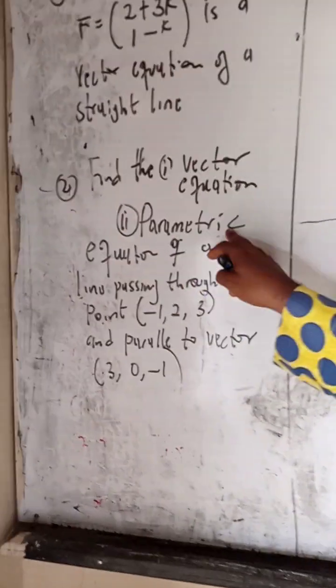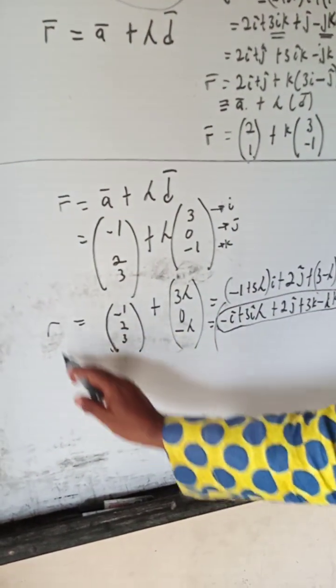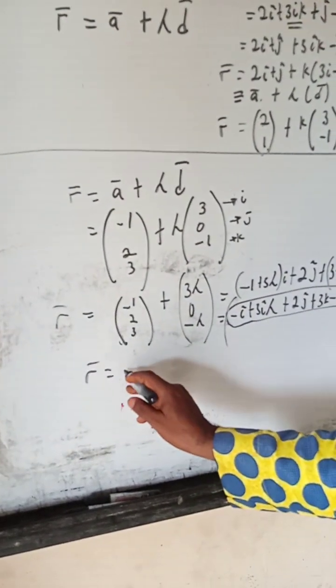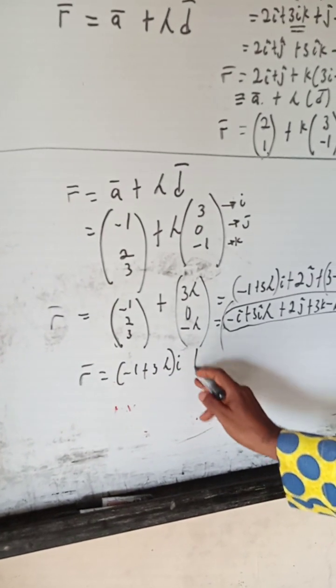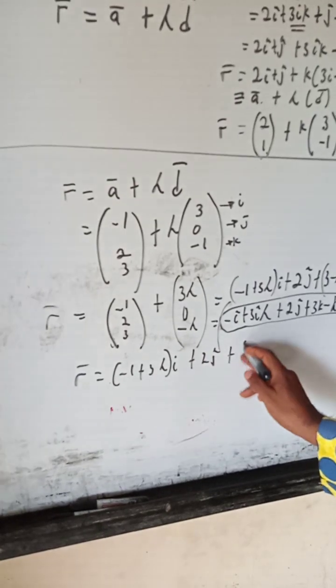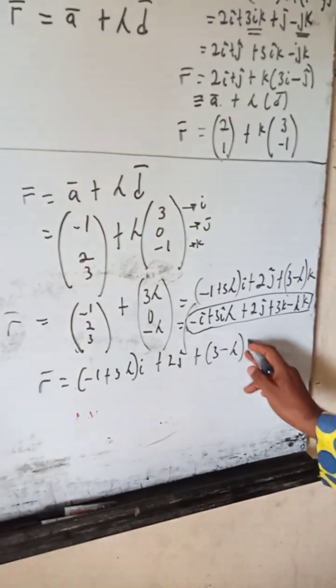So the question says we should find the parametric equation. If you look at what I have here, I have r, the vector equation, as minus 1 plus 3 lambda i plus 2j plus 3 minus lambda k.